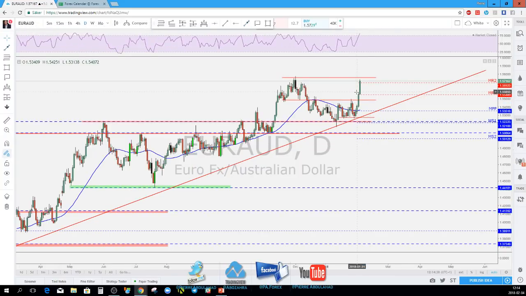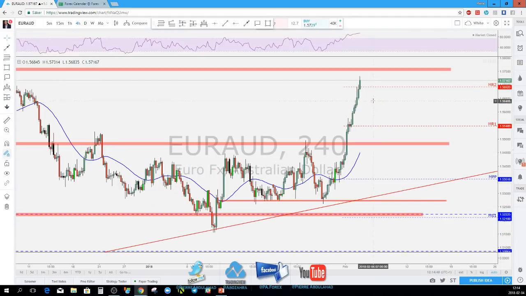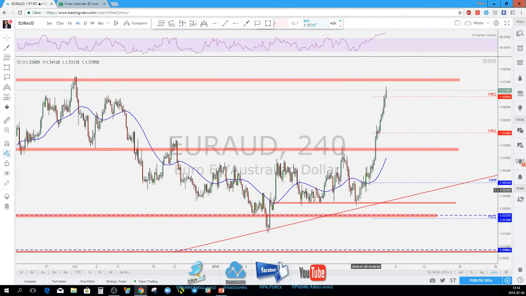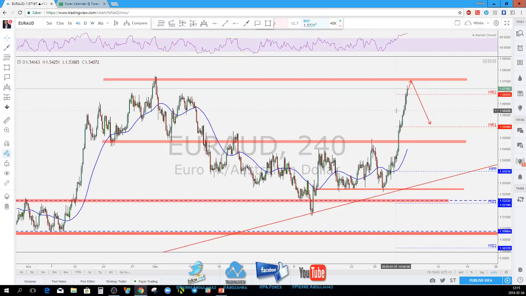But if you are a counter trend trader and you're looking for a possible reversal, of course this area up here is the level you should be looking at for your signals, since this move to the upside is now very extended, and I think there is a possibility that we may see something like this soon, or probably next week.